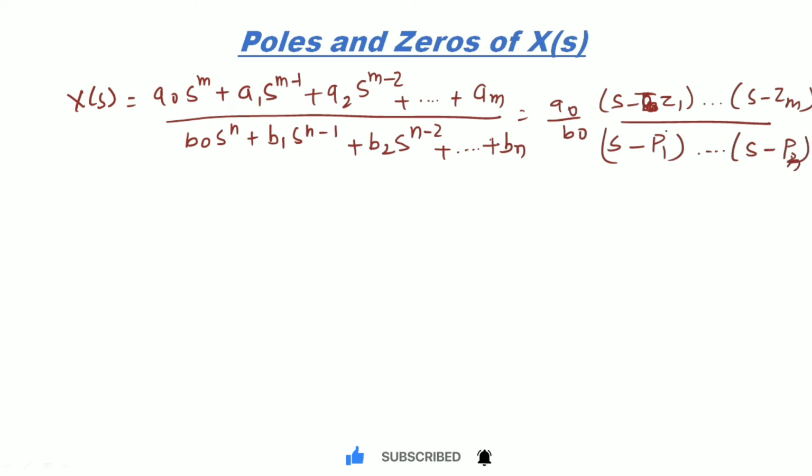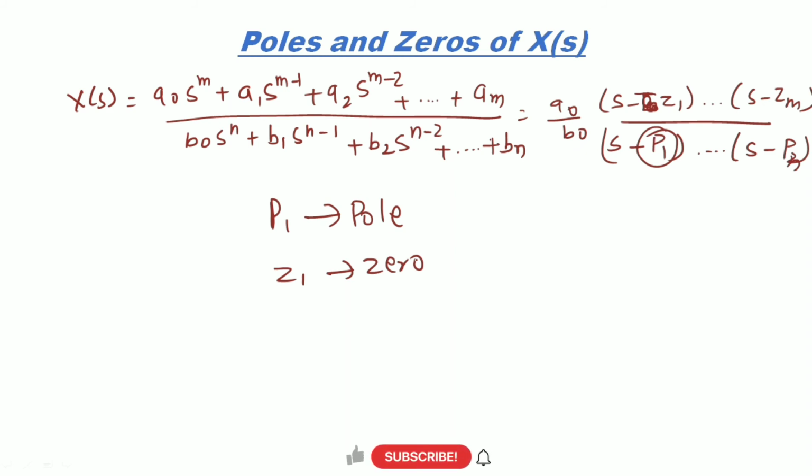So what is this? This p1 is a pole and z1 is a zero. You have to remember, after finding the roots, the roots of the numerator will be zeros and the roots of the denominator will be poles.